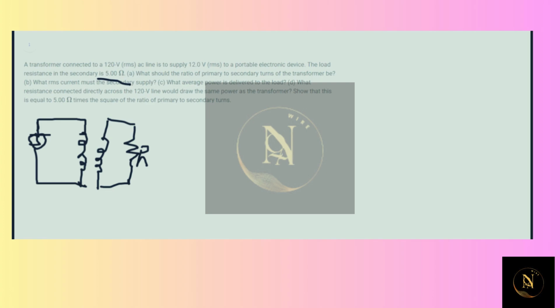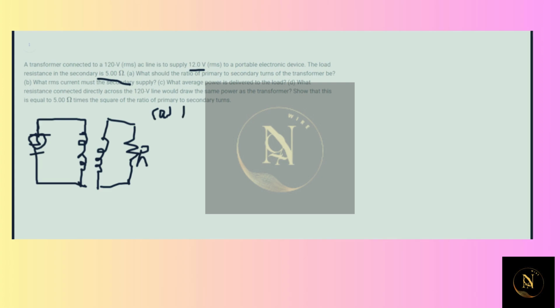So for part A, we want to know the ratio of the primary to secondary turns of the transformer. Because we already know that the power supply has 120 volts and it supplies 12 volts in the secondary circuit.